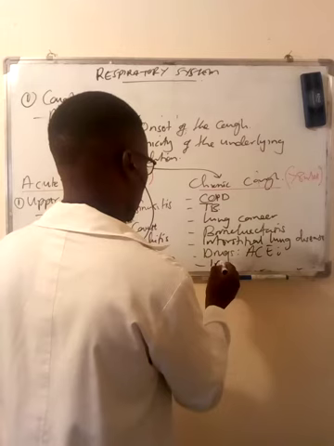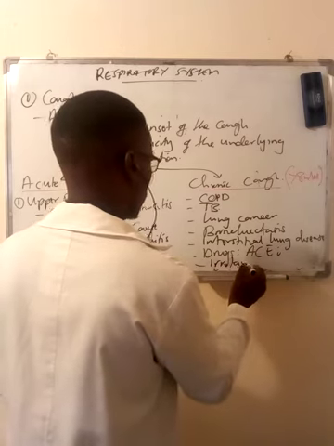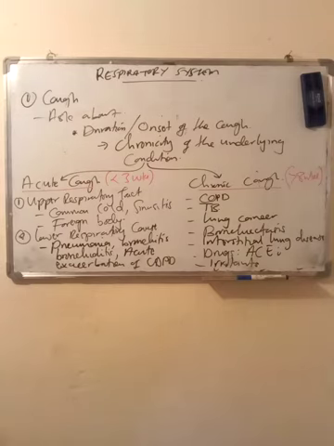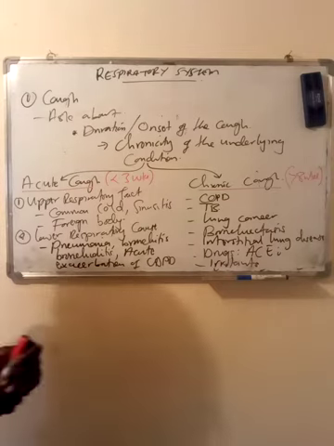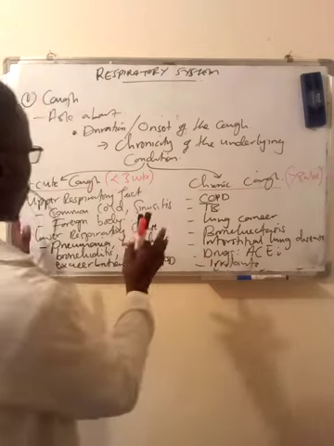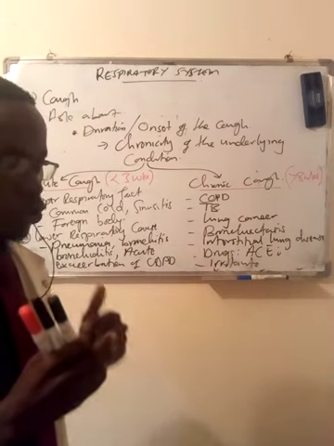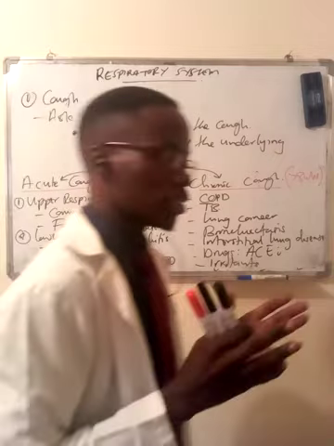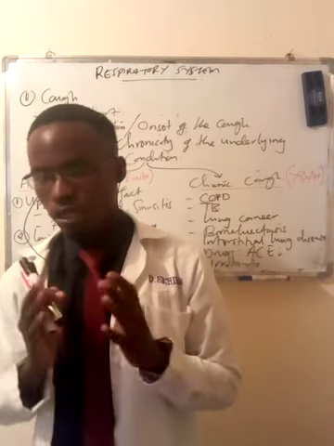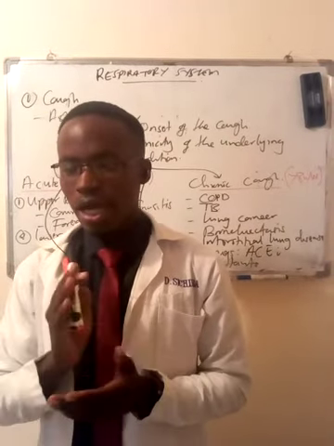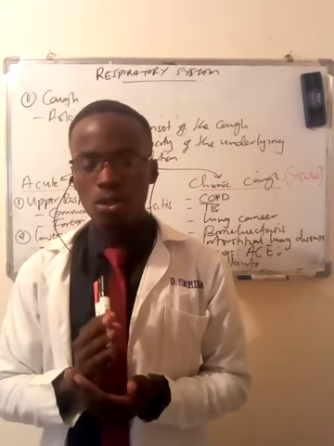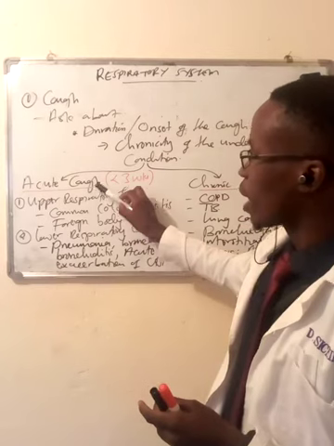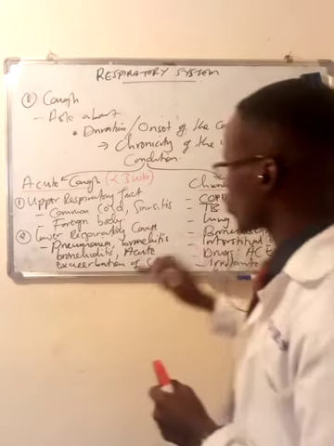If the patient says, I've been coughing for 1 week now, you're going to start thinking of the conditions under acute respiratory causes. If they say I've been coughing for, let's say, 9 weeks, then you're going to start thinking of the conditions under chronic cough. That is how we approach a patient. It's very interesting.